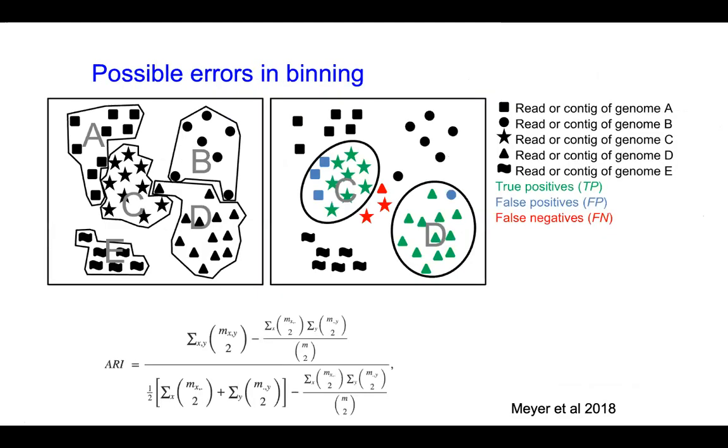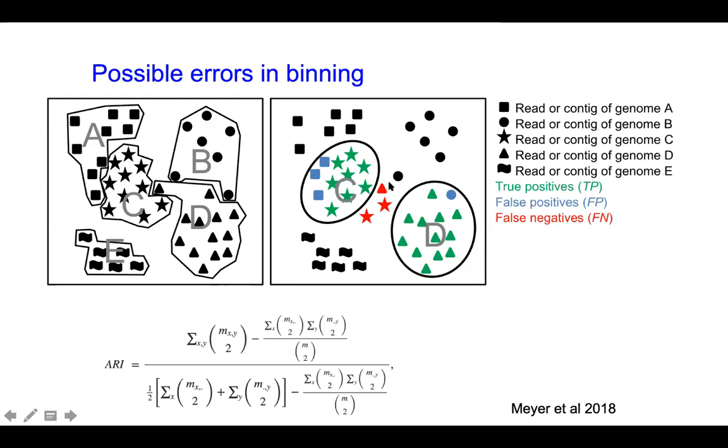So from here, we should briefly discuss the possible errors that you get in binning. These are very well represented in the graph here from Meyer et al. 2018. On the left-hand side, we see the actual contigs grouped with the organisms that they belong to.